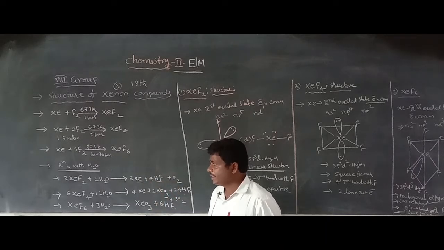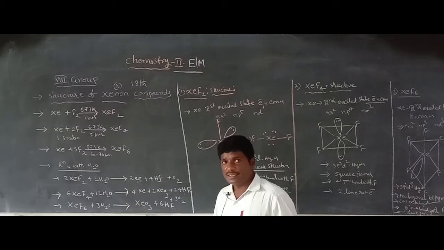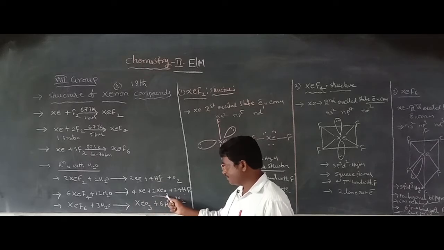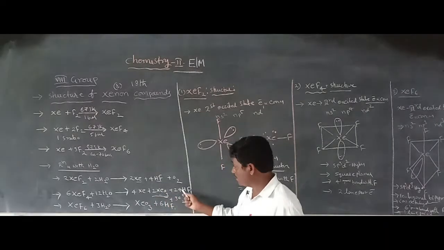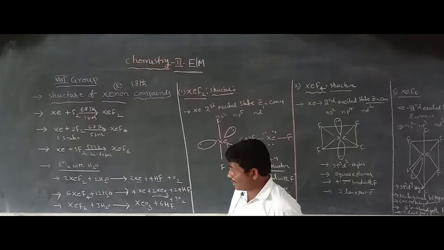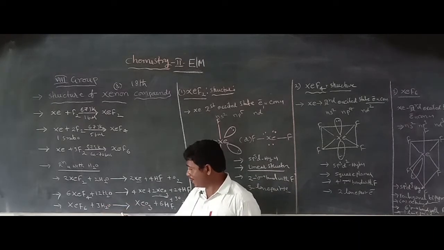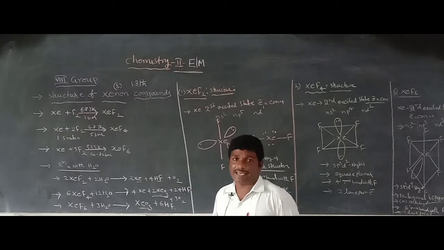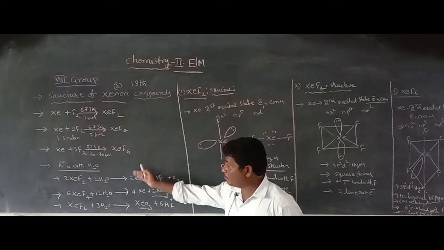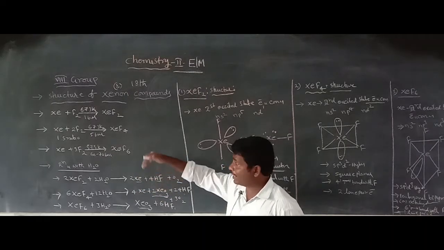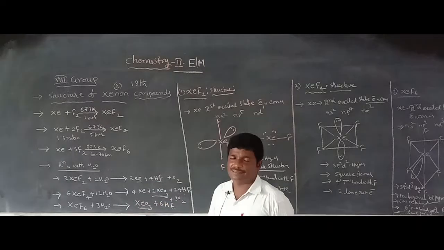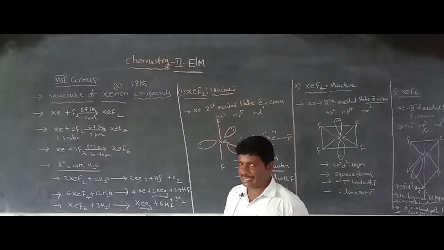Next, xenon tetrafluoride reacts with 12 moles of water to form xenon trioxide and hydrogen fluoride. Xenon hexafluoride dissolved in water forms xenon trioxide. That is the preparation of xenon difluoride, tetrafluoride, hexafluoride and trioxide.